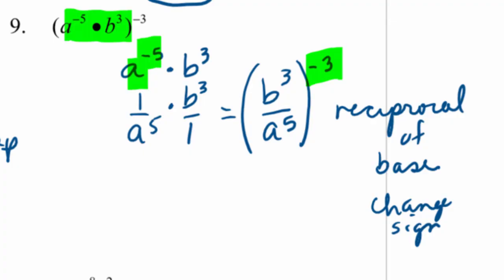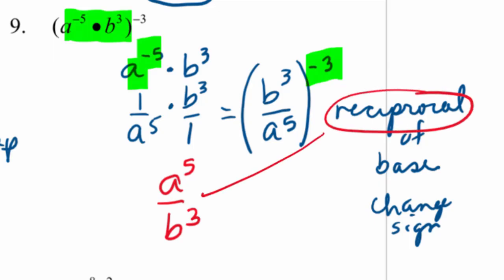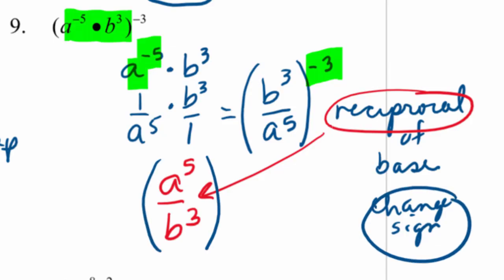So the reciprocal of this base is going to be a to the 5th over b cubed. Here's my reciprocal. You see that? And then we change the sign to a positive 3. See what we did? We did the reciprocal of the base, and that takes care of the negative in that negative 3 and makes the exponent positive.